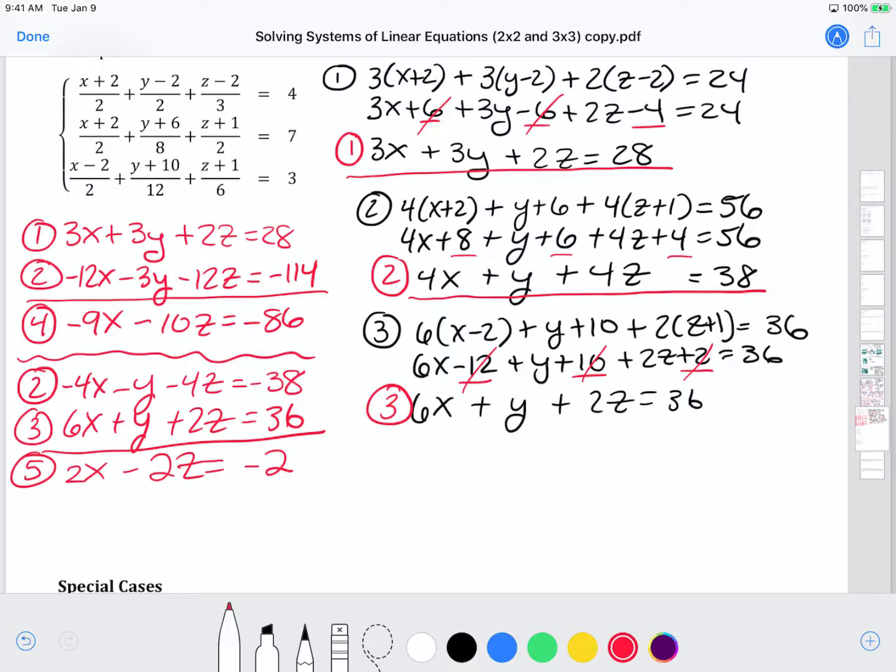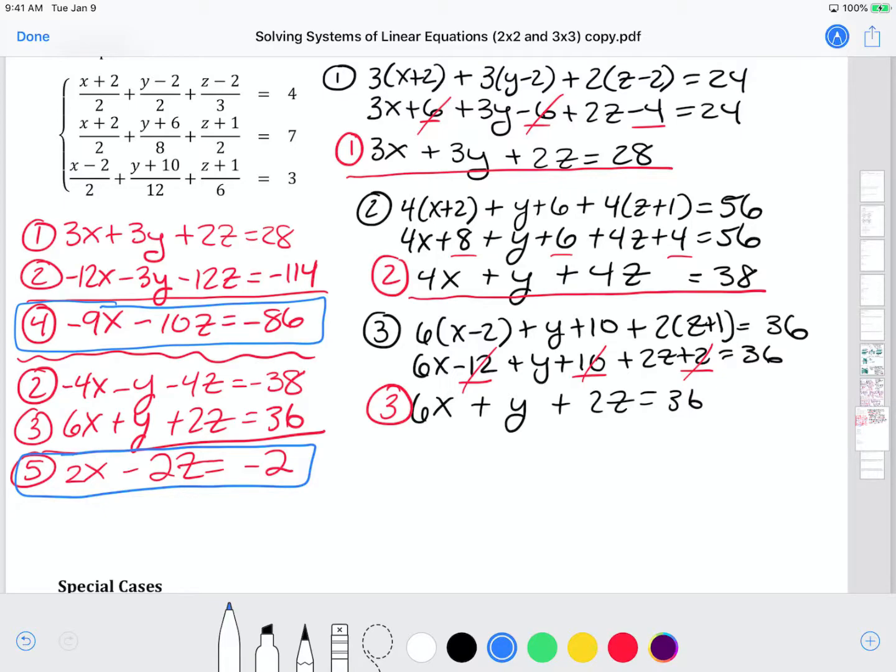So now I have to take equation 4 and equation 5 and eliminate another variable. If you notice, these are the new equations now that I'm dealing with, that I've got it down to a 2 by 2 system now. If I take equation 5 and multiply through by a negative 5, that will give me opposite z coefficients.